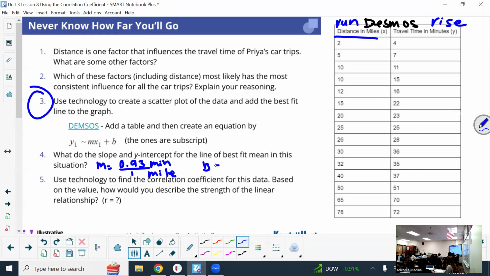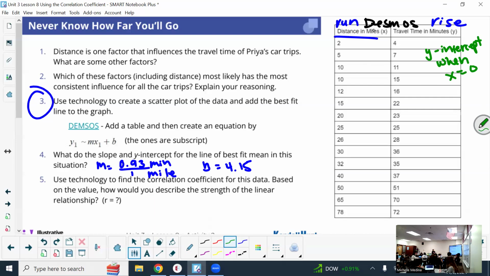Your y-intercept was about 4.15. By definition, your y-intercept is when what happens? What is true at the y-axis? What are all the x's at the y-axis? So your y-intercept, by definition, is when x equals 0.